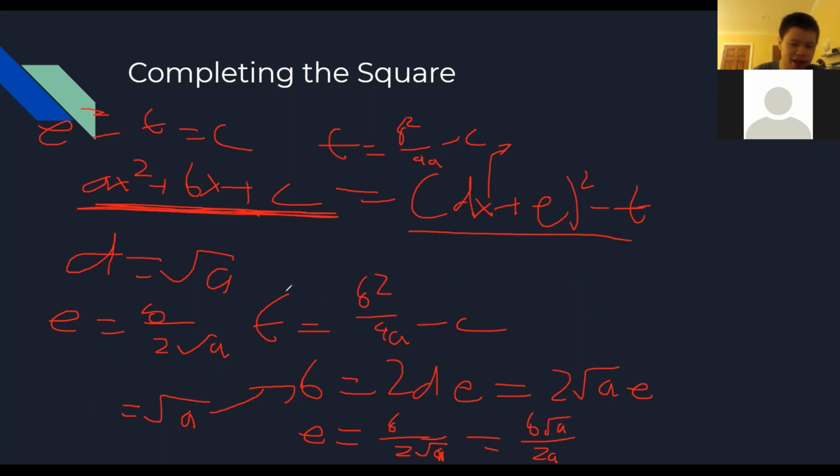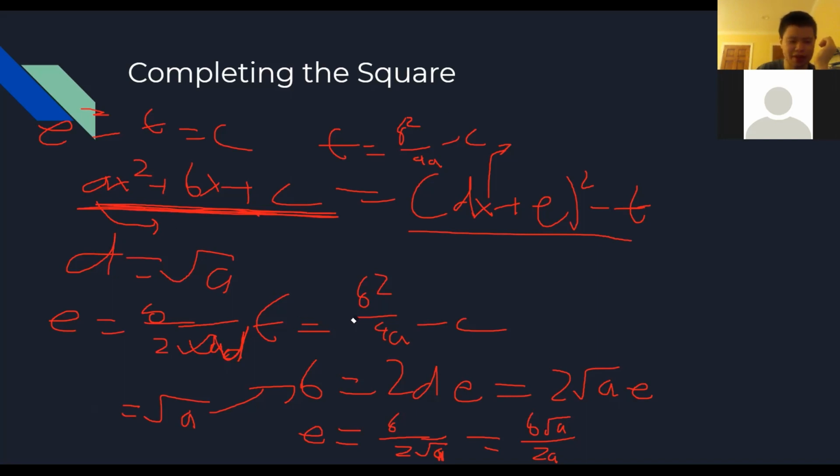On the other hand, you can observe that e equals b over 2d instead, which leaves square roots out of there.